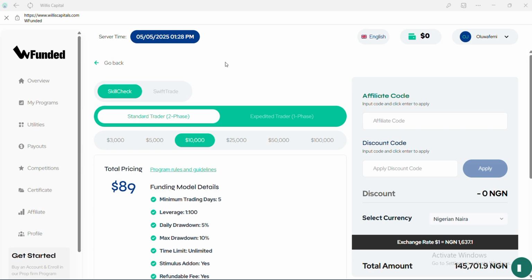What I'm going to be showing you is basically the account sizes they have, and also there was an ongoing promo on WFunded, in which you can get an account by just using a promo code, like 50% off. So now the account starts from $3,000 to $100,000.